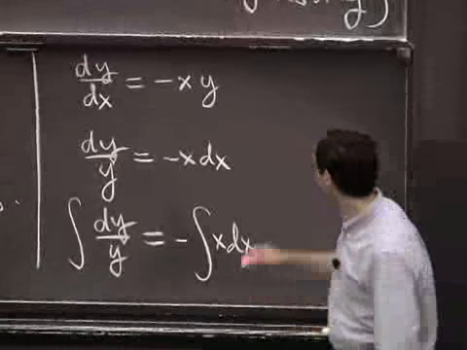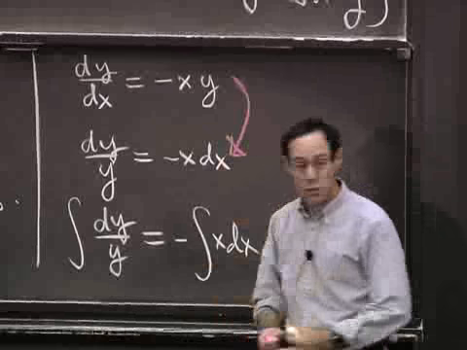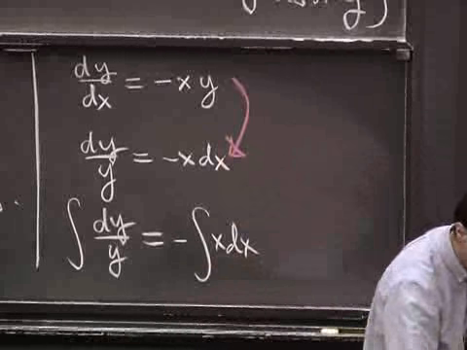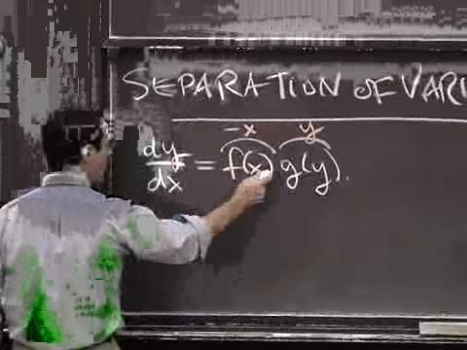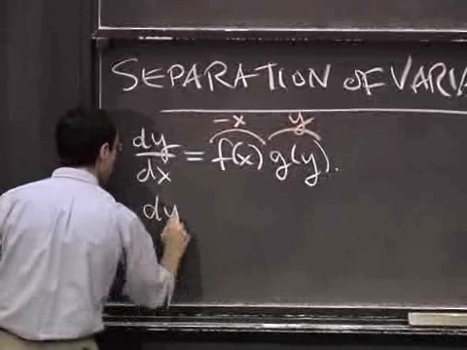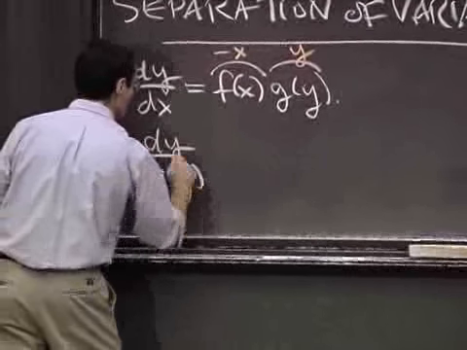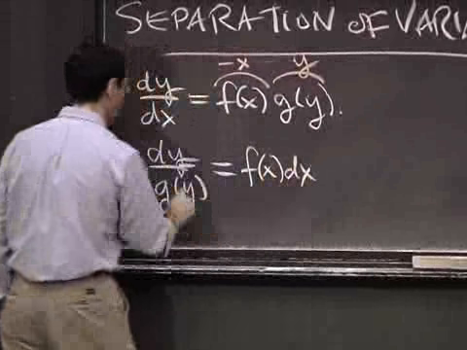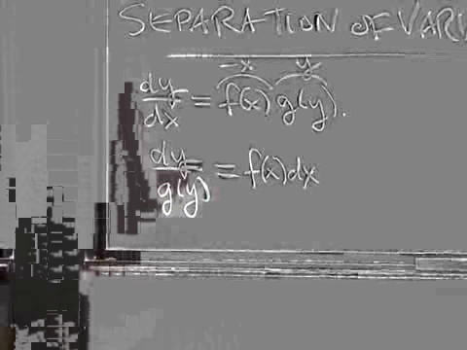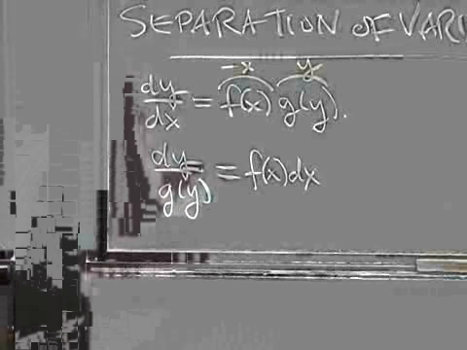This is the only sort of conceptually a remarkable step, which all has to do with the fact that Leibniz fixed his notations up so that this works perfectly. And so that involves taking the y over, so dividing by g of y and multiplying by dx. It's comfortable because it feels like ordinary arithmetic, even though these are differentials.